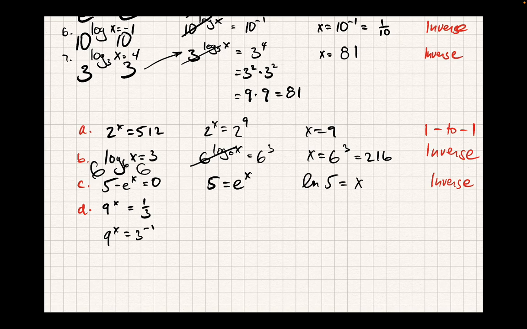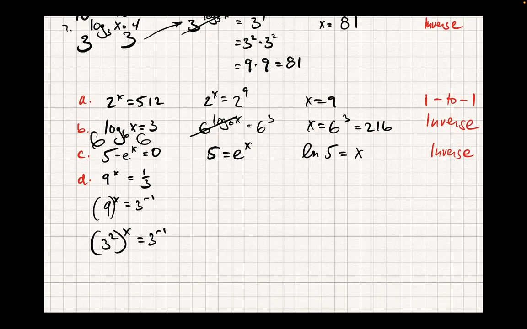You can isolate the part that you're trying to look at, so you don't have to worry about everything at the same time. What's the way to rewrite 9? 3 squared. So 3 squared to the x equals 3 to the minus 1.